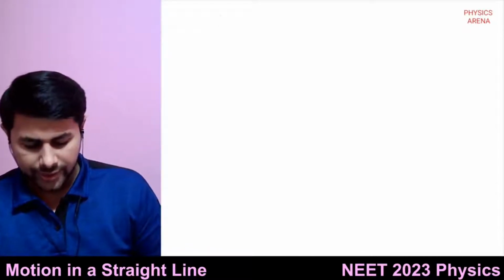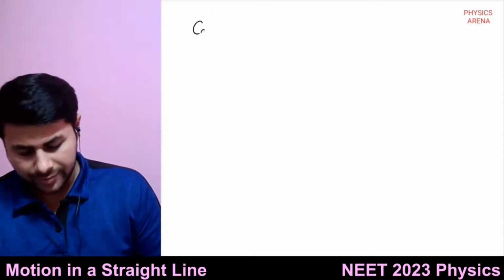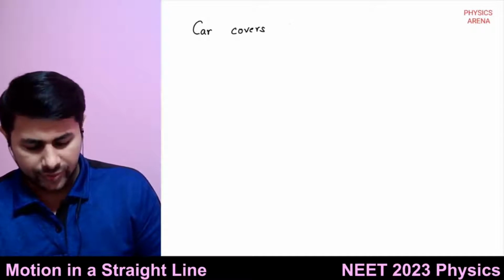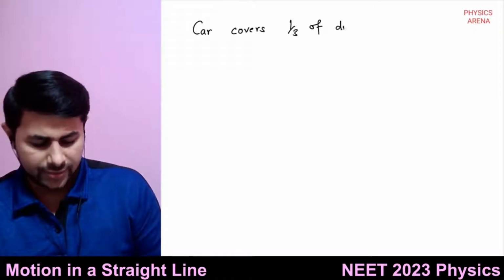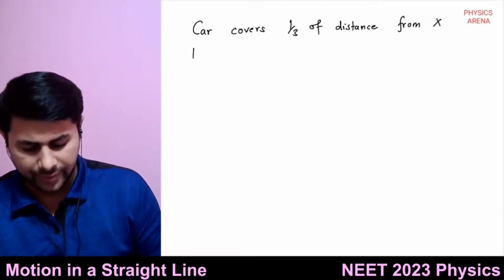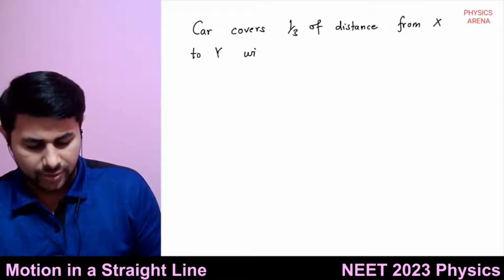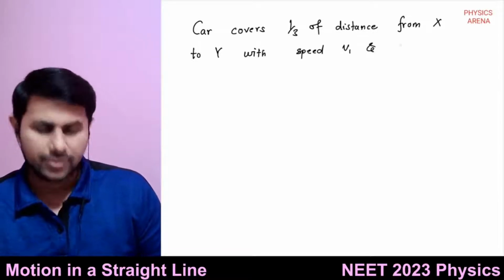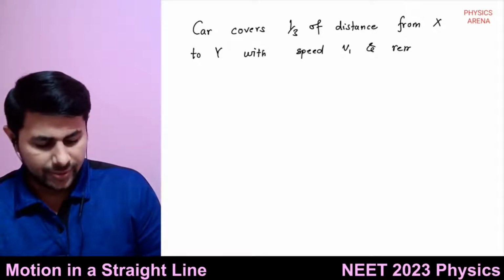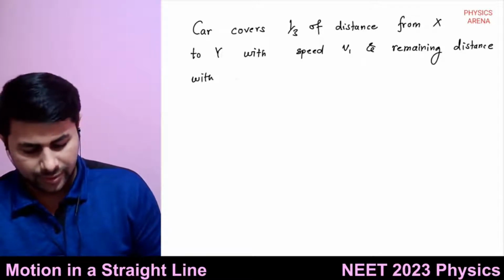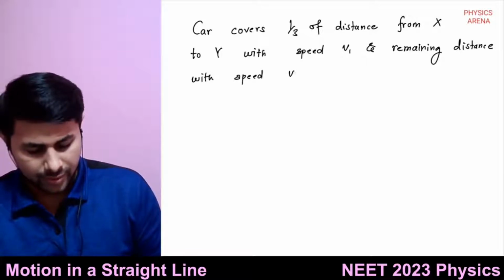So a question is, let's say an object, a car, covers 1/3 of the distance from X to Y with speed V1 and the remaining distance with speed V2.